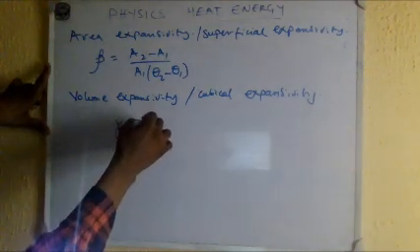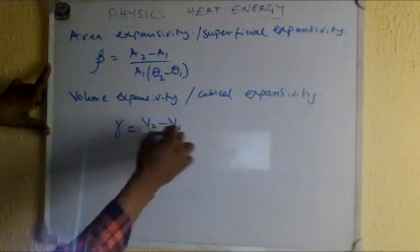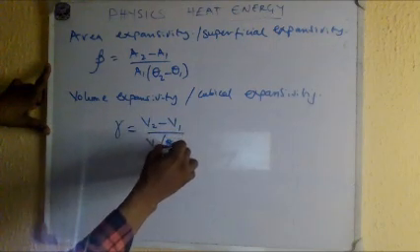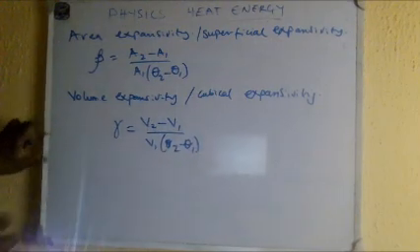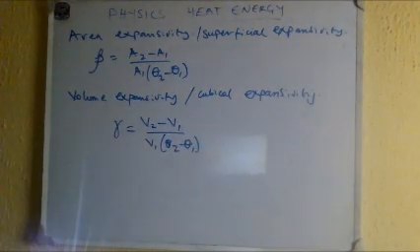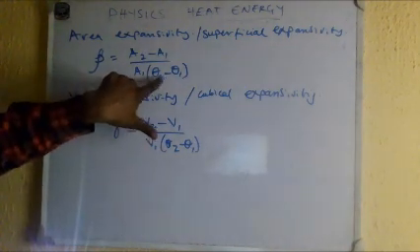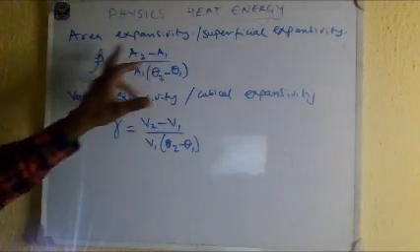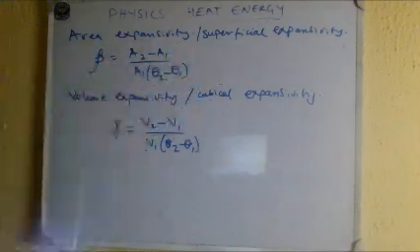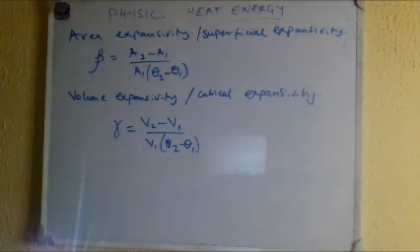It is the increase in volume per unit volume per degree rise in temperature. It's easy to define all these things with formula. In fact, in your exams, if you just write this as the definition and break it down and say where this is this, this is this, you have defined it. Formulas are used to define concepts in physics.